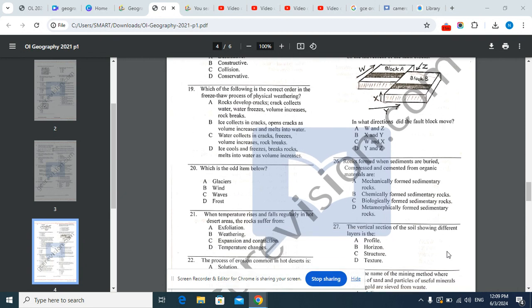When temperature rises and falls regularly in hot desert areas, the rocks suffer from. The answer is A.